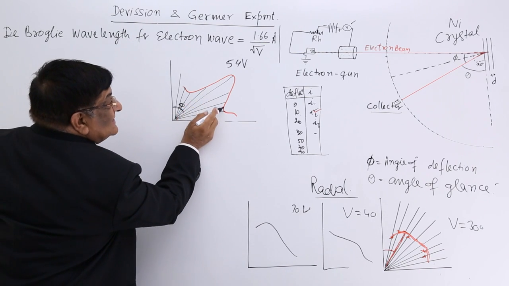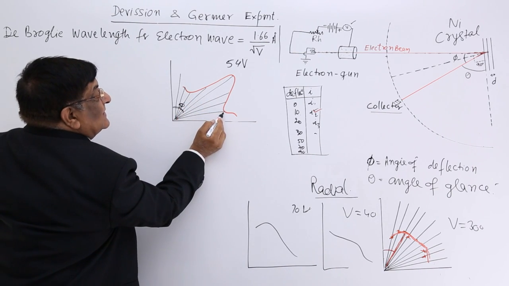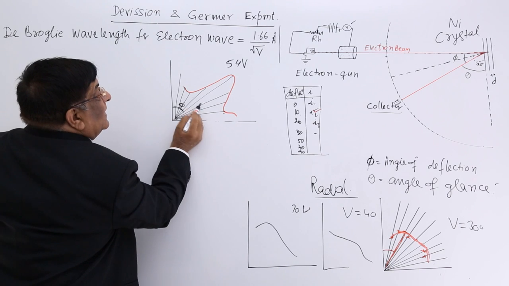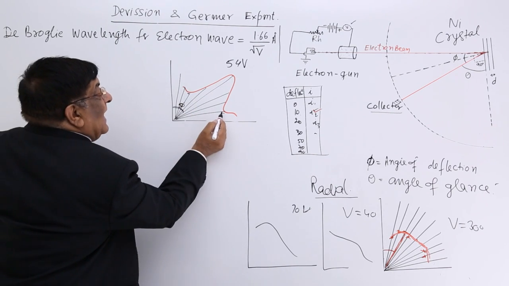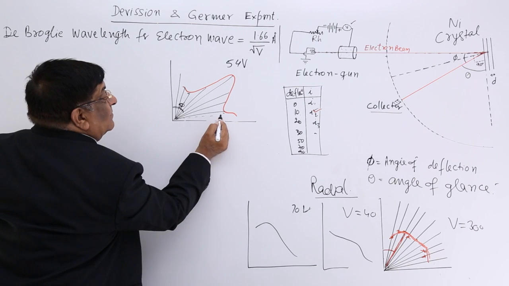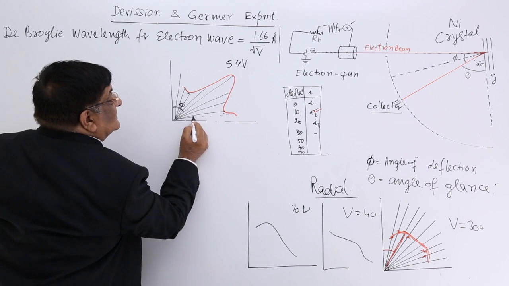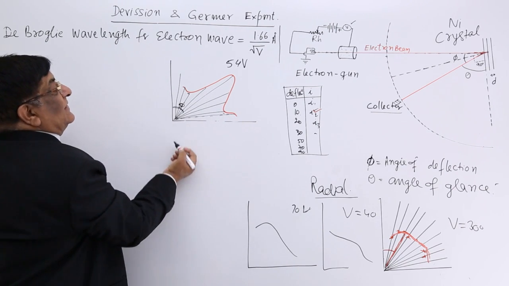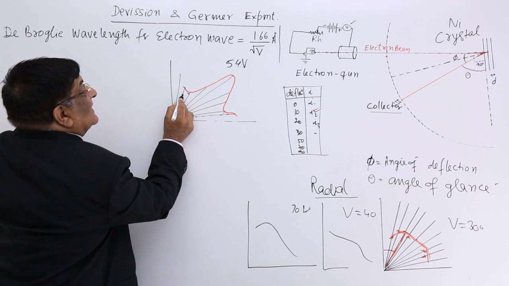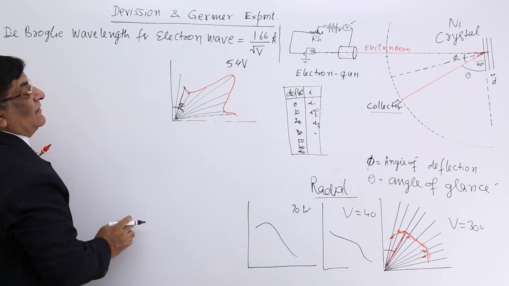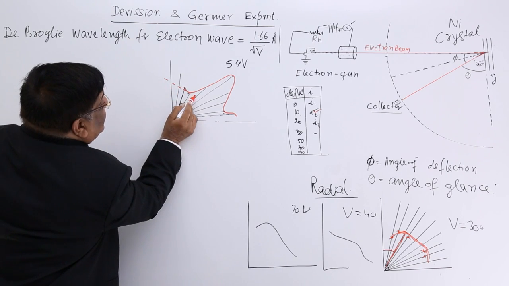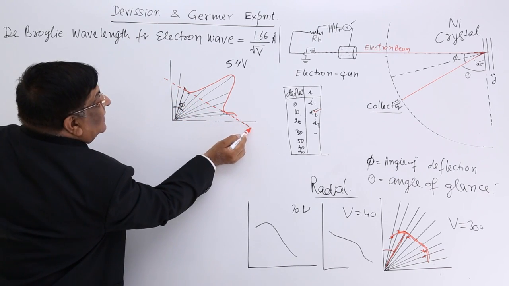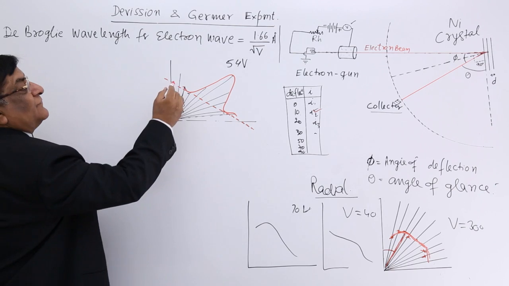If we increase this angle, the density becomes minimum. If we decrease this angle, the density becomes minimum, and if we increase it a little more, again we find the density has slightly increased. Here again density has slightly increased. You remember, this appears like a diffraction central maxima graph.